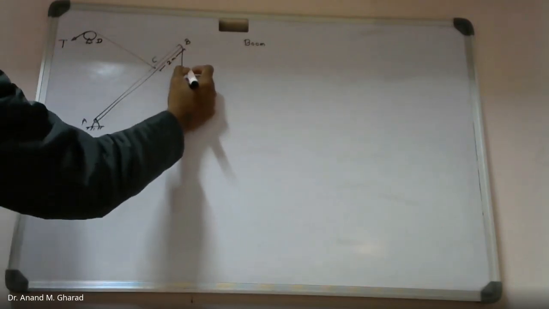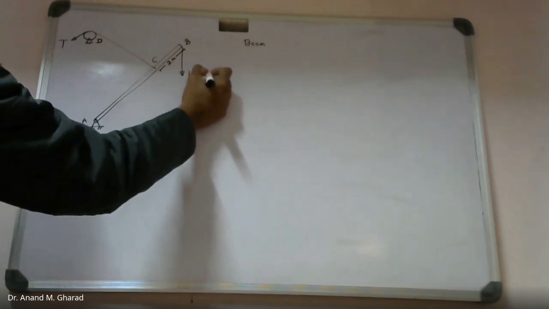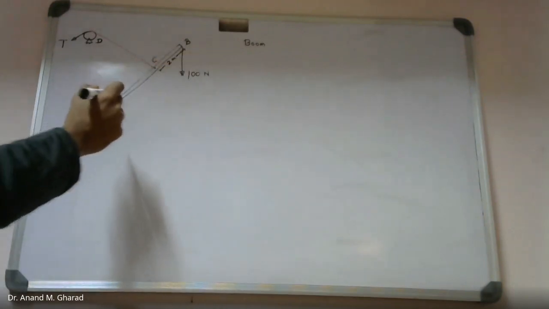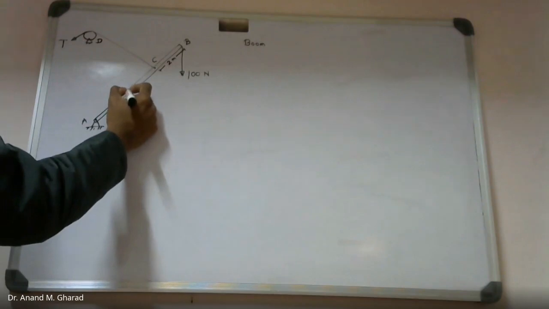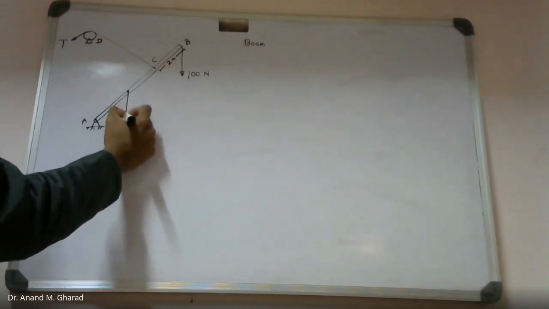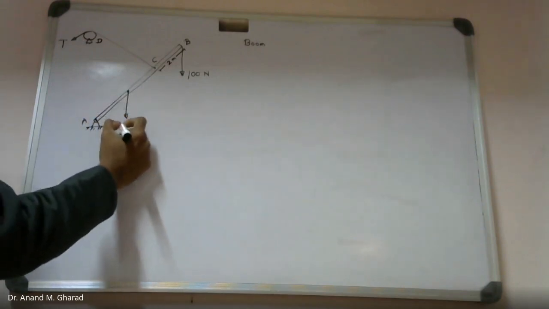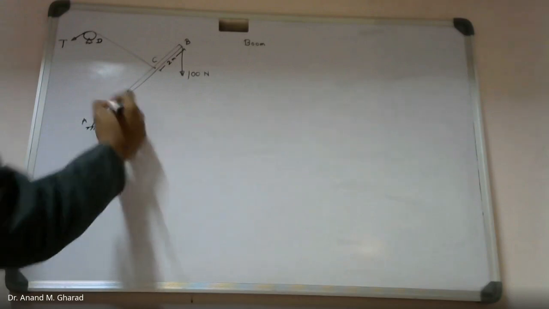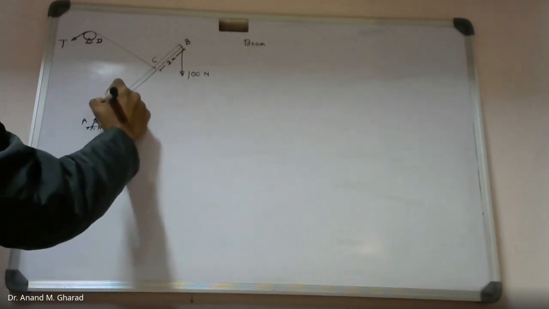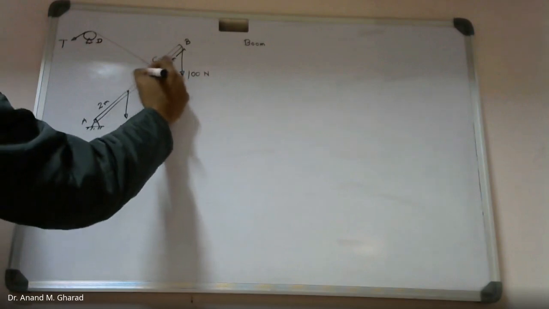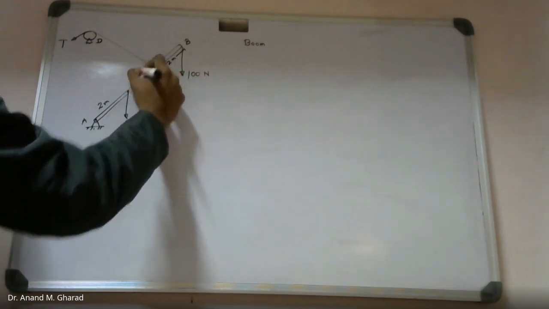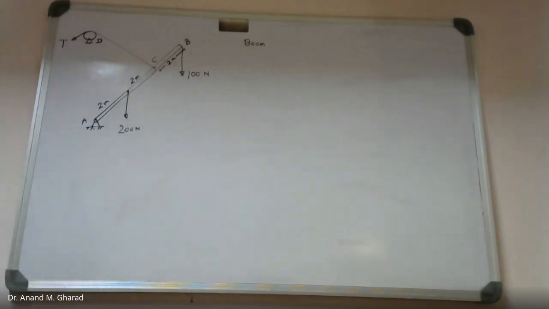These are the loads which are attached at this point B, and at this point over here. This is 200 Newton. This distance is 2 meter. And again, from this point to this point, this is 2 meter. So complete distance is 6 meter.